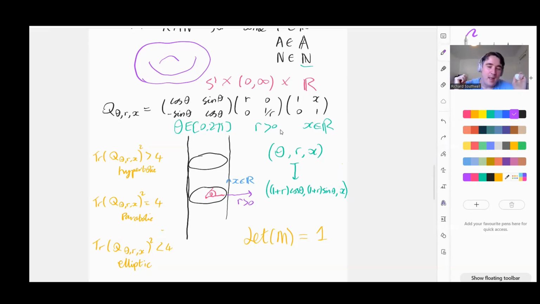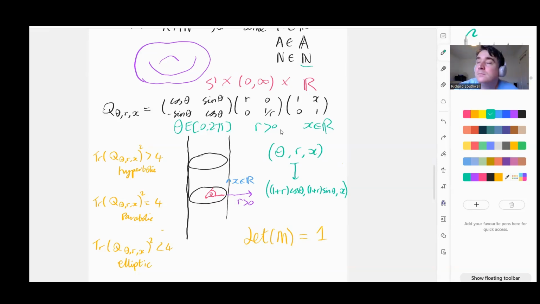But I think there's actually a slightly more natural way to think about the geometry of SL2, and that is basically to say that one of these points in SL2 is really described by a sort of angle, and then an amount r, which we're coming out of this circle. And then x, which is sort of elongating this circle into a cylinder.